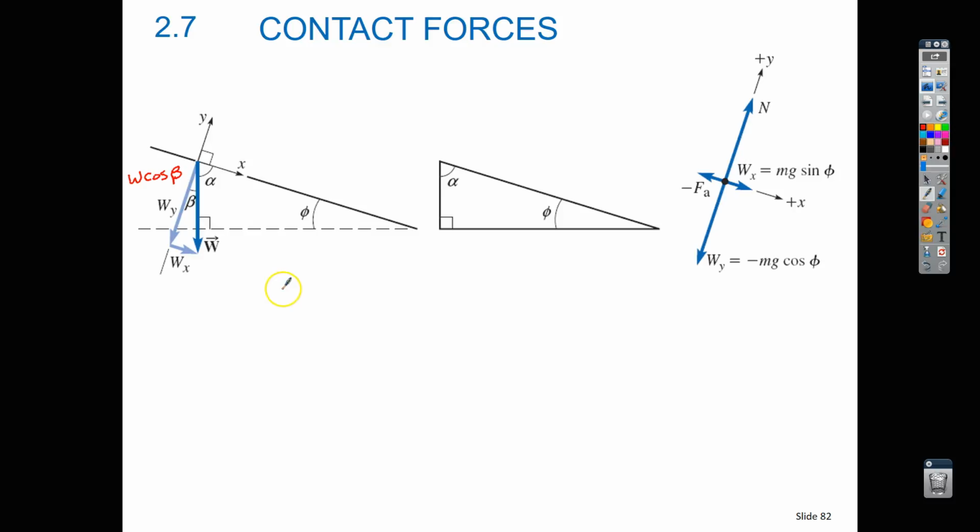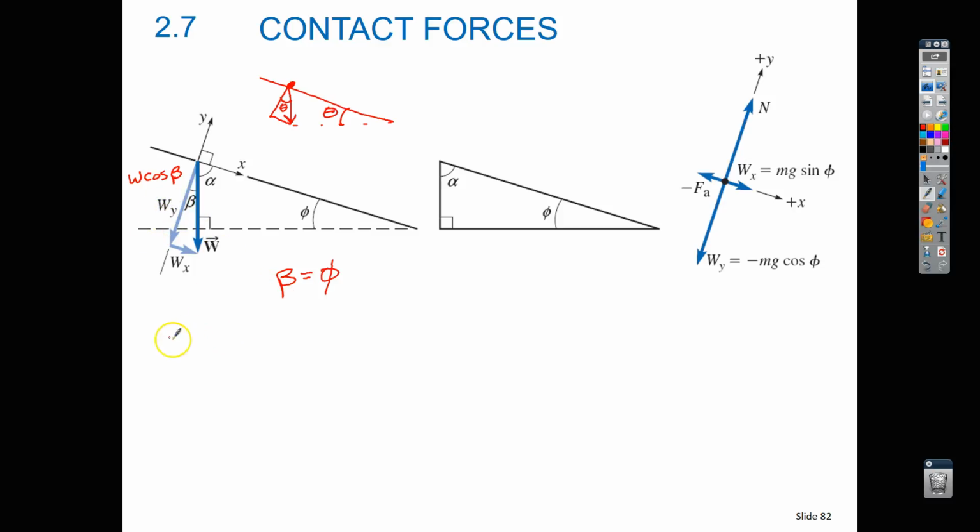One thing you have to realize is that beta is equal to theta, which is the angle here. When we've done problems, we've basically just used whatever the angle is for the incline. If I have an object sitting on that incline, when I make an arrow down and then make my two components, this angle is also the same. Sometimes it's a little easier, but your book prefers to show it this way.